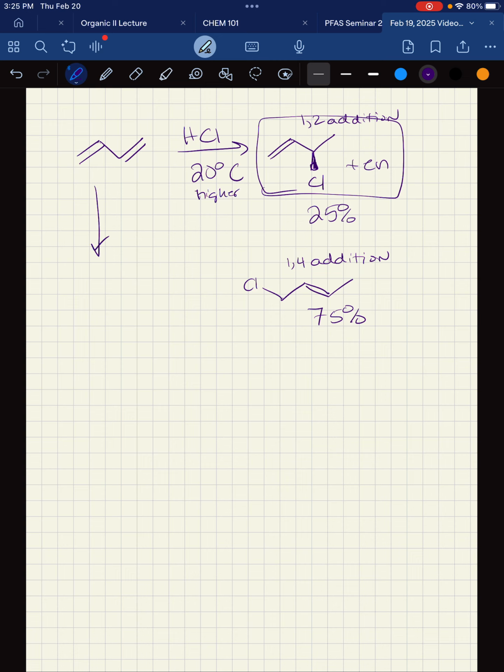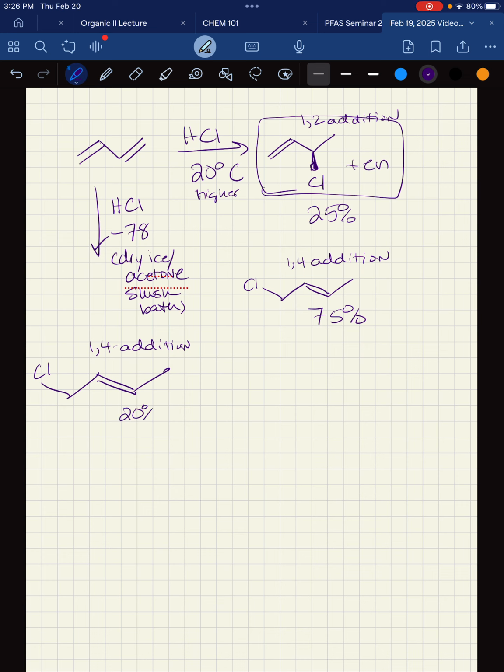If we use a lower temperature like that dry ice acetone bath, then for the 1,4 addition product, we tend to get around 20% of that one.